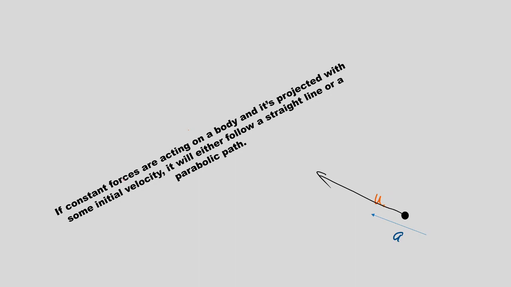So the idea is, if constant forces are acting on a body and it is projected with some initial velocity, it will either follow a straight line or a parabolic path. Straight line when a and u align, where u is the velocity of projection and a is the net acceleration on that particle. In all other cases there will be a parabolic path.